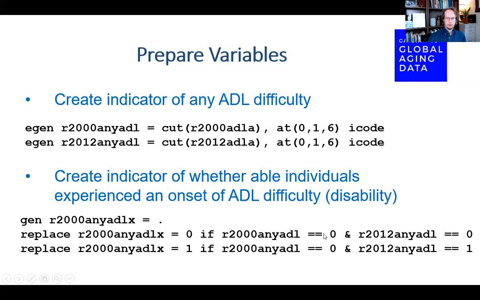And then there are 2 outcomes that this group of people could have by 2012. One is in this first line, which is that they would still not have any difficulty by 2012. And the second is that they would have developed a difficulty by 2012. There are some groups which we're going to be leaving out. For instance, anyone who already had a difficulty in 2000, we're going to ignore because we're really interested with this variable just about onset, so people who developed a difficulty.